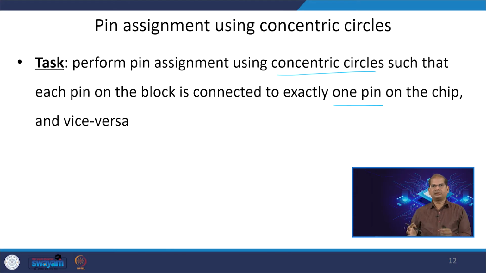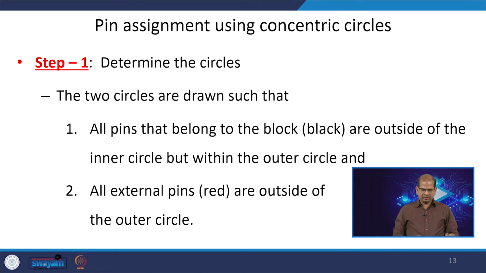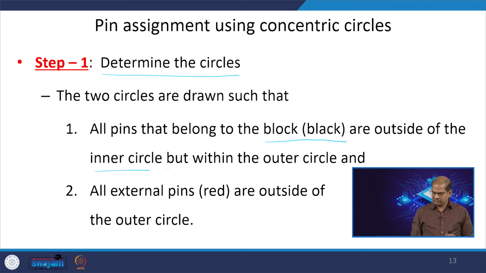Our aim is to use the concentric circle method to connect the pins in the inner circle to the pins on the chip. There are a few steps. One step is to determine the circles. Two circles are drawn such that all the pins belonging to the block, the black ones, are outside the inner circle but within the outer circle.